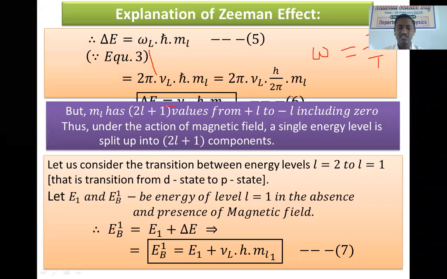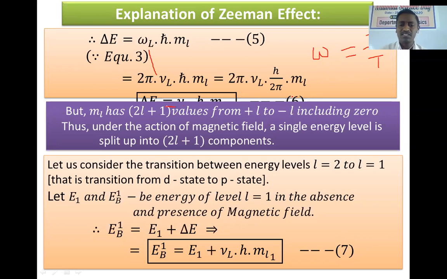During this transition, what happens, or how do the spectral lines get split up into several components? You can take the transition between L equals 1 to L equals 0. In that case the splitting will be less in number.